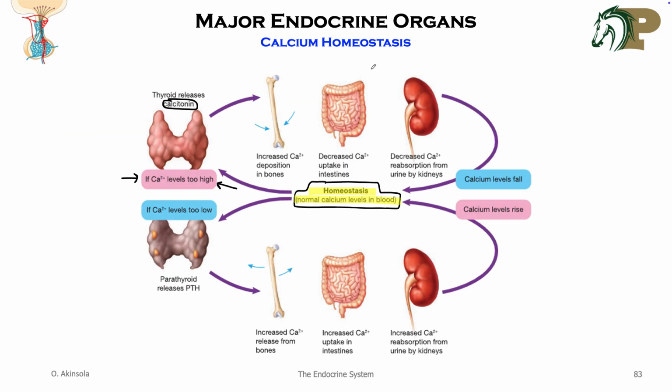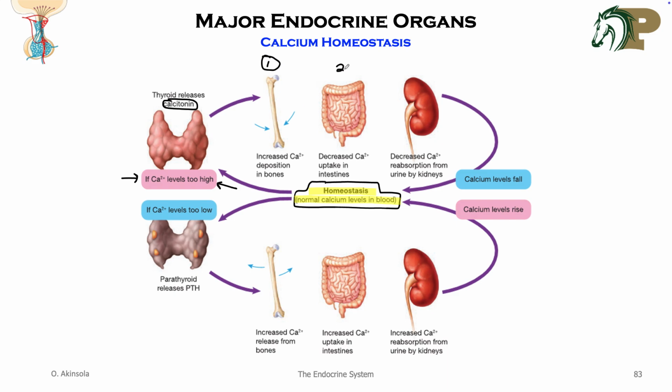Calcitonin is going to utilize those 3 methods as well. So instead of increased osteoclastic activity leading to bone breakdown, we'll have increased calcium deposition. We want to get that excess calcium out of the bloodstream. We're going to store it in bone. So this is method number 1.